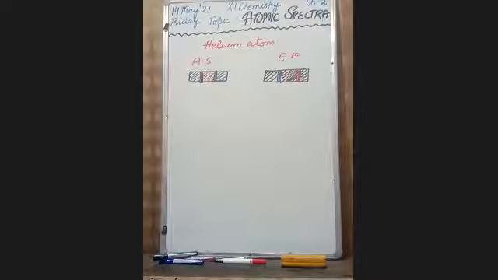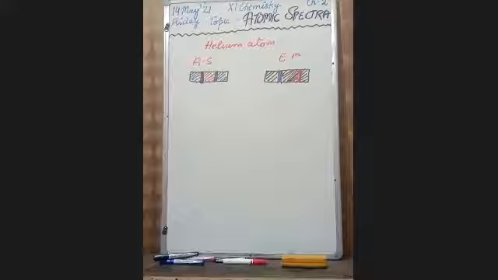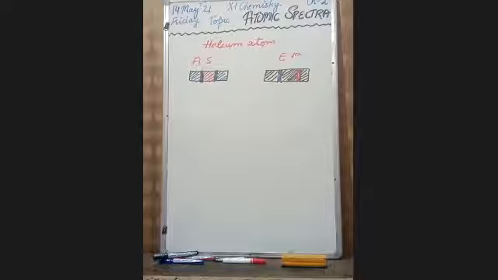So if I ask you to differentiate between emission and absorption spectra: emission spectra is obtained when the radiation from any source is directly analyzed in the spectroscope. We directly pass it to a prism or any other instrument. Absorption spectra is obtained when white light is first passed through a substance and then the transmitted light is analyzed in the spectroscope.